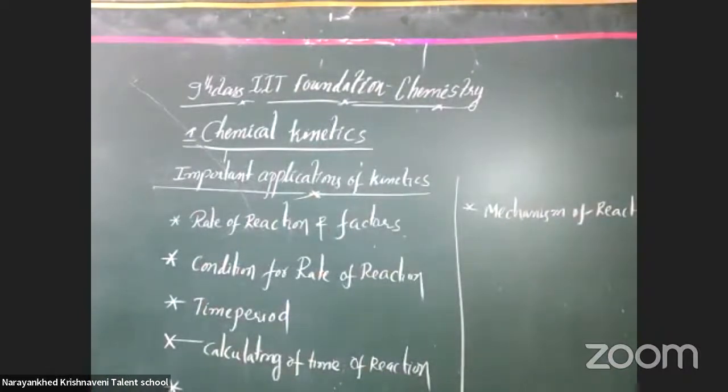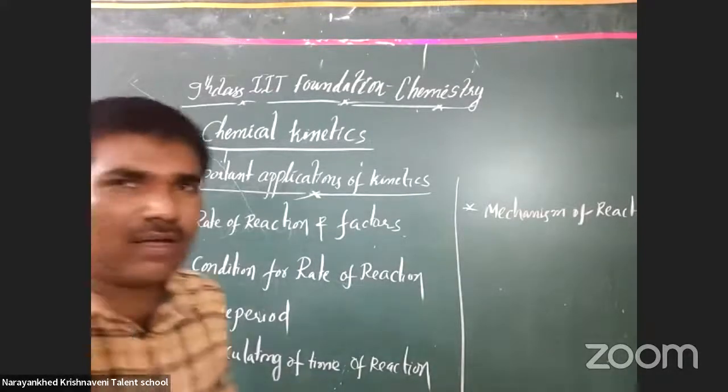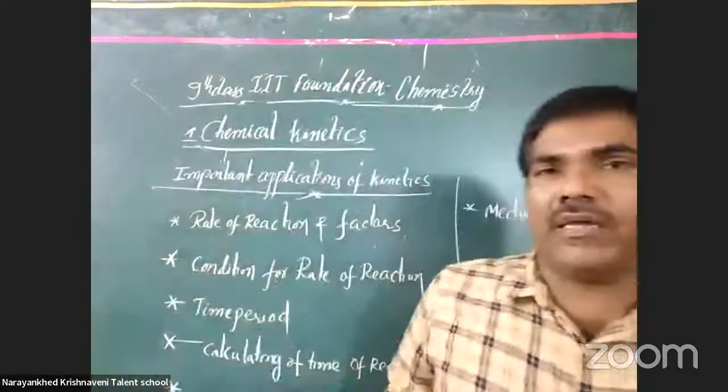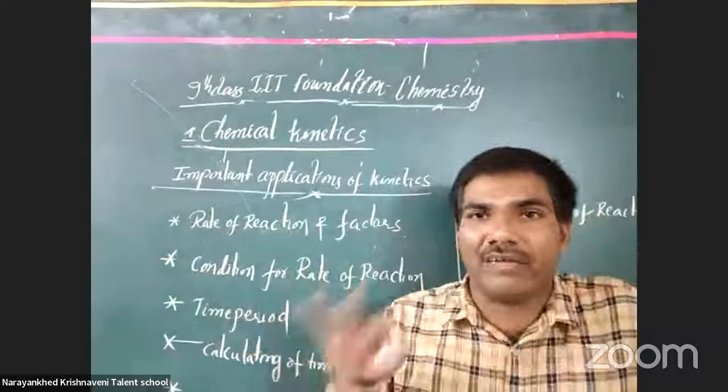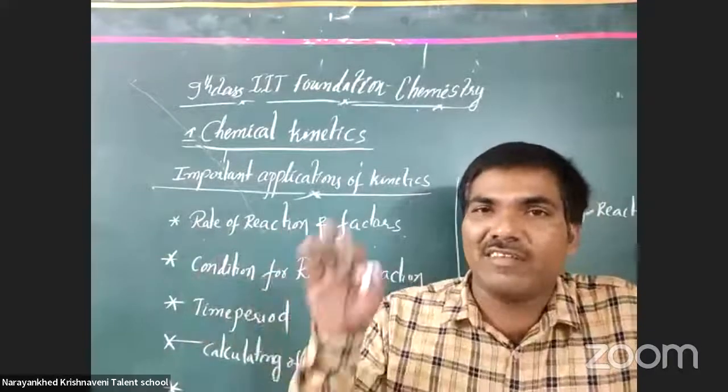Clear, all the students? The main applications are the rate of reactions, as well as the factors affecting our chemical reaction. The rate of reaction is how much time is taken and what changes are coming.